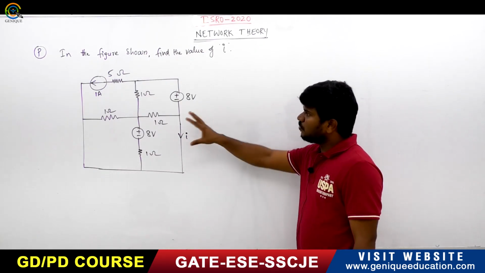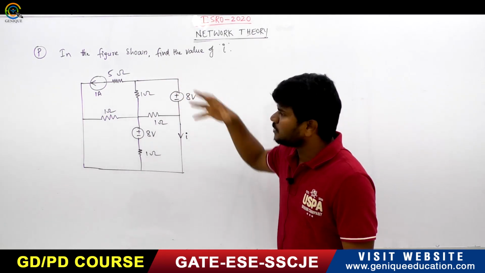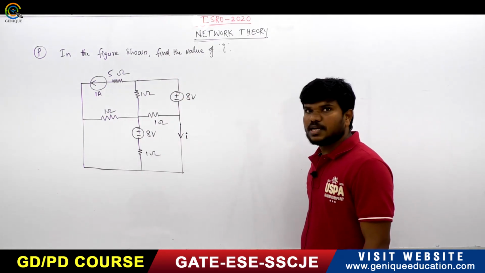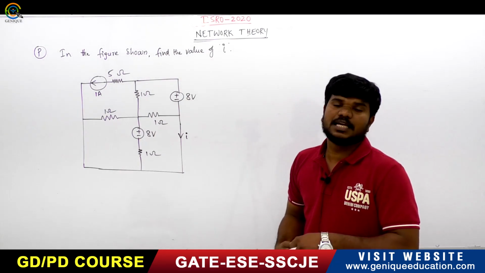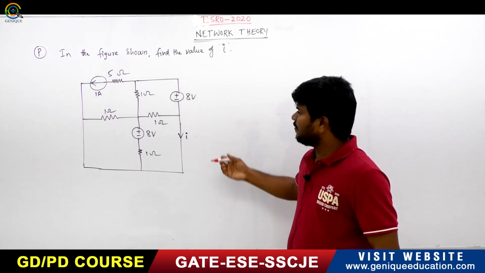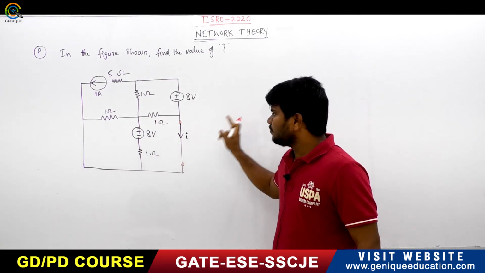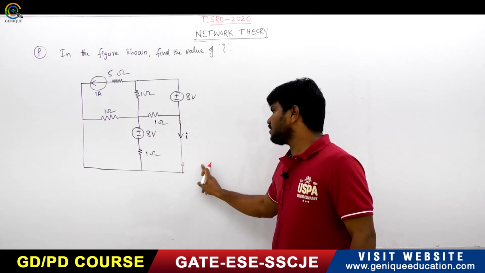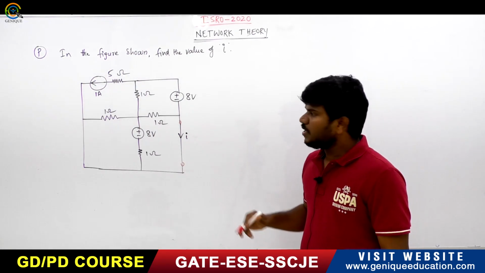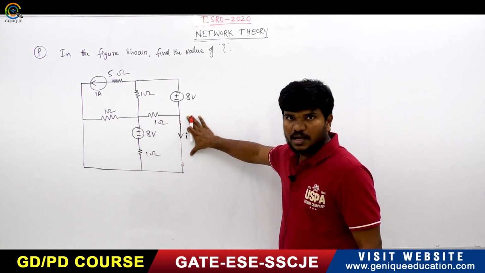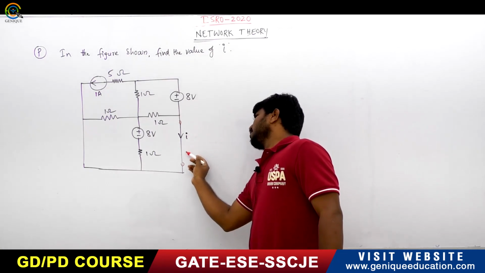So you can use a mesh analysis or a nodal analysis, and also, since a number of sources are acting, you can use the superposition theorem. You can also use the Thevenin theorem. How can you find it? You have to remove this branch and find RTH and VTH. The open circuit voltage you have to find, and the equivalent resistance looking into this.